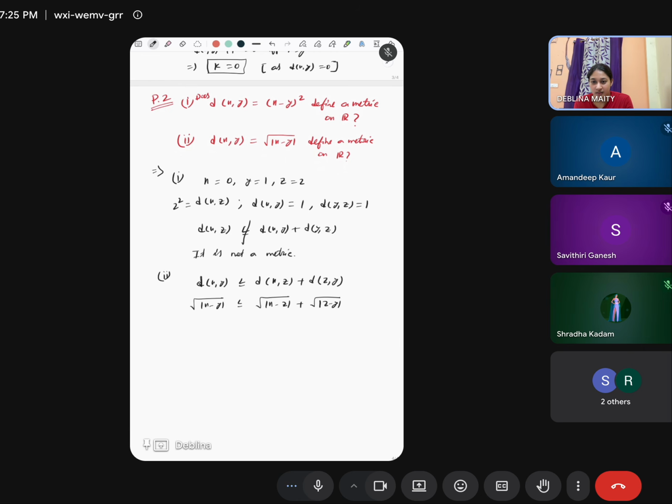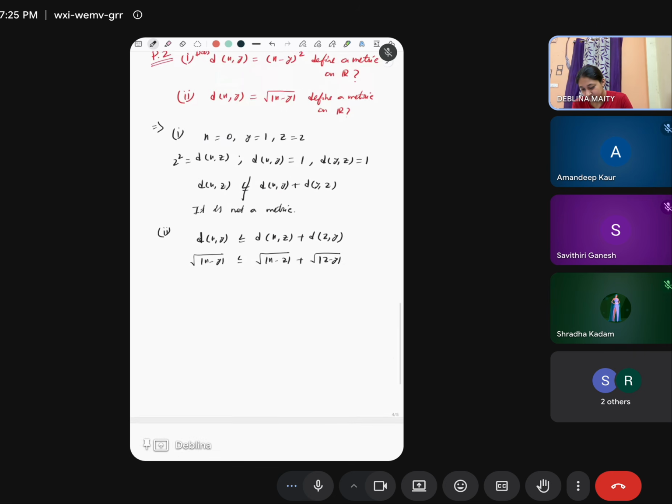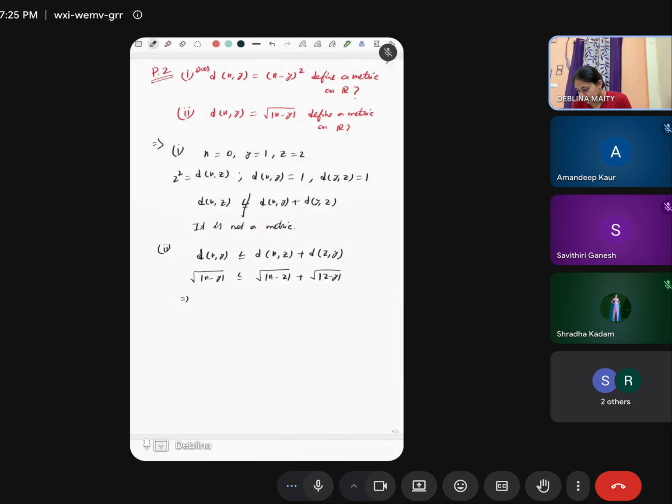This we have to show, and it is true because this is the triangular inequality from modulus, right?